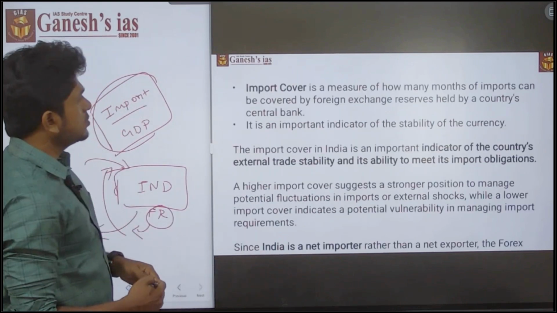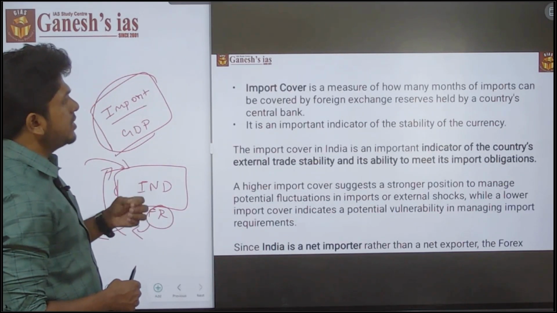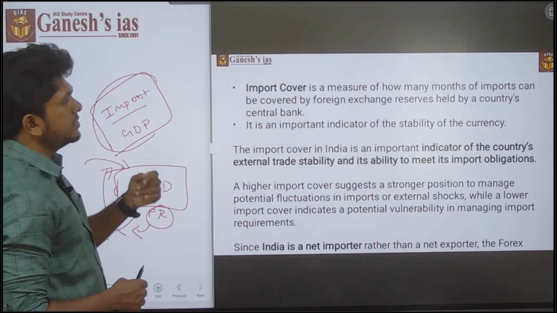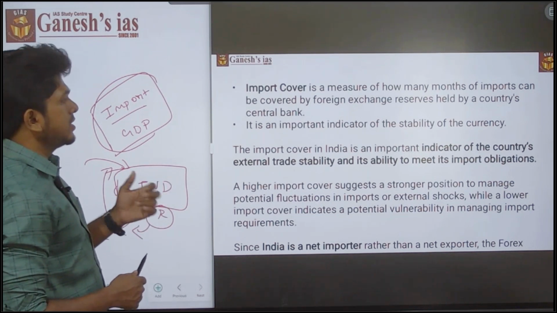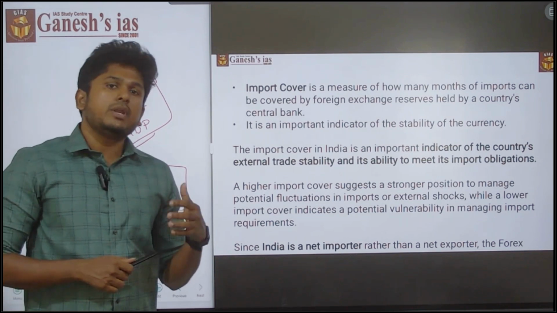Import cover is a measure of how many months of import can be covered by the foreign exchange reserve held by a country's central bank. It actually measures the stability of the currency.